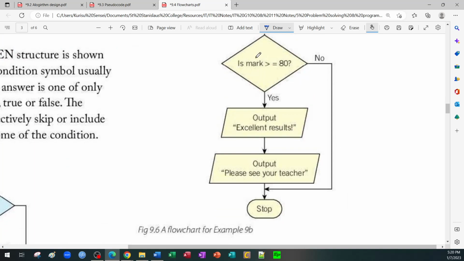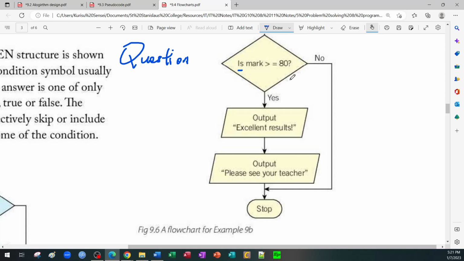Here we have a decision. And remember, whenever we have a decision, that means it's a condition. And I always say, whenever we have a condition, think of a question. Always ask it in a question format. That's why they have the word is here.